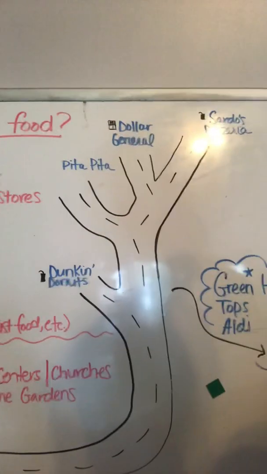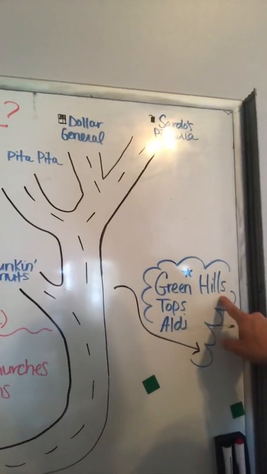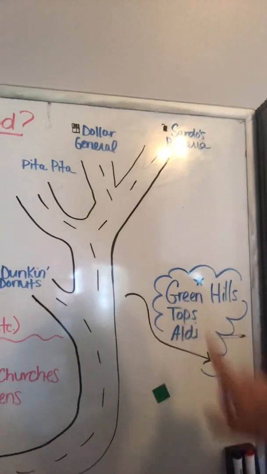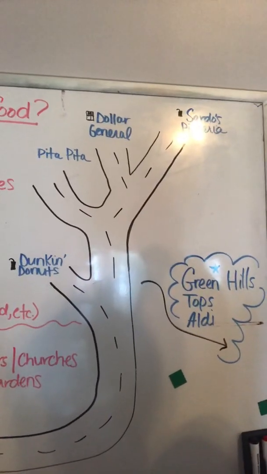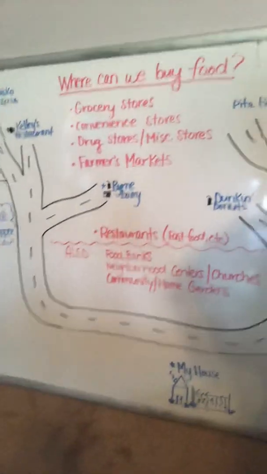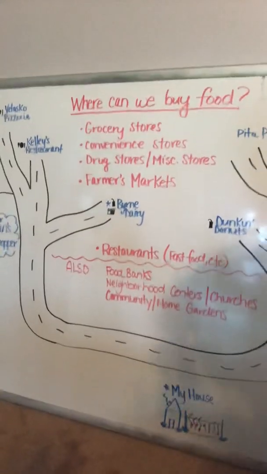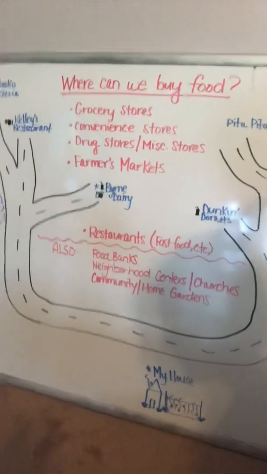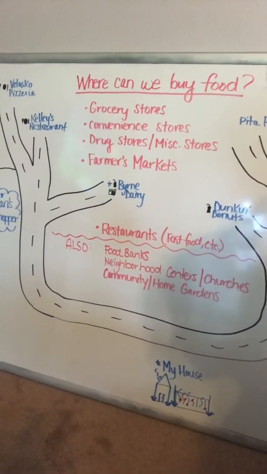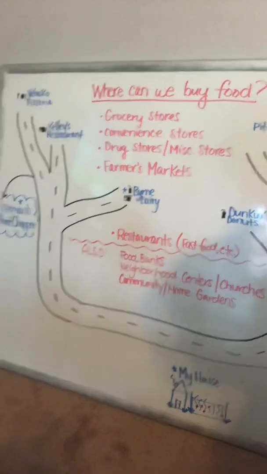And on this side of the neighborhood, we have what is called Green Hills, Tops, and Aldi a little bit farther away. So you don't have to get too crazy with your map. My roads are obviously not accurate, but I just put all of the ones that are within walking distance from my home, places where you can get food.